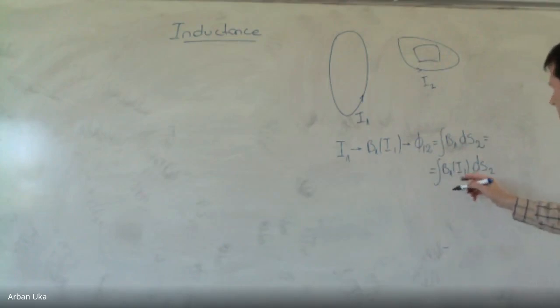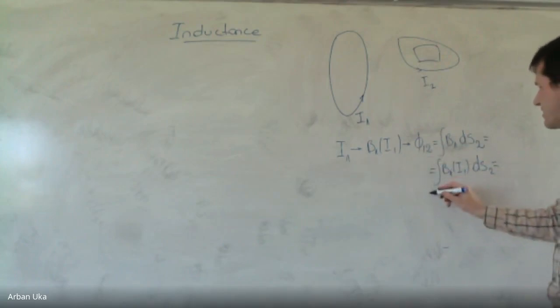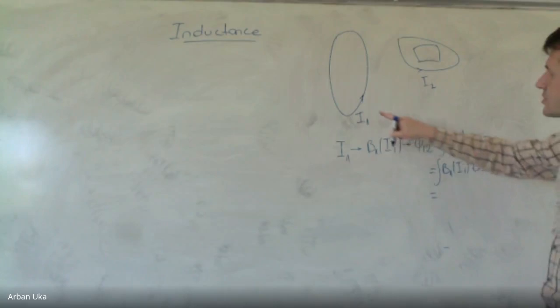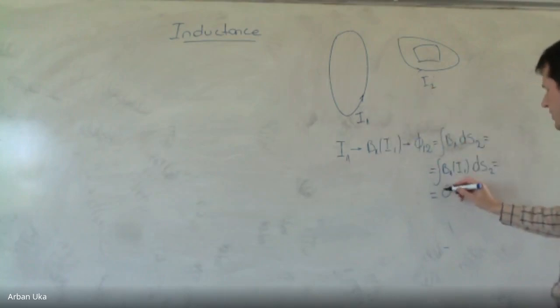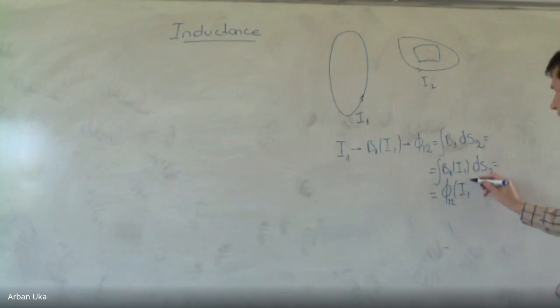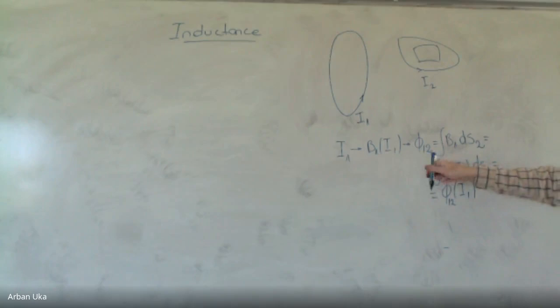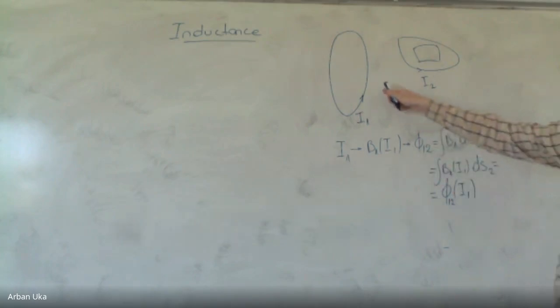And this means that this flux because of the circuit 1 on the circuit 2, this flux 1, 2 is a function of I1. I think nobody can object to this, that this quantity depends on the current of the first circuit. So that's the general idea.